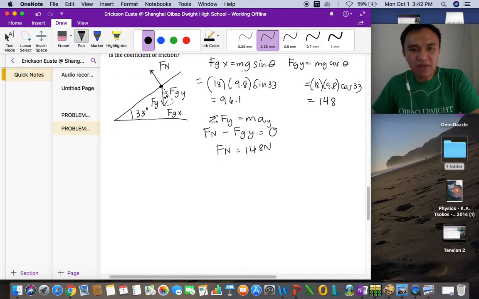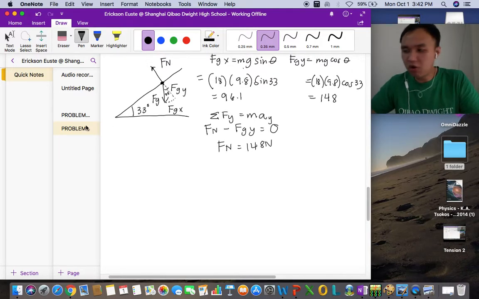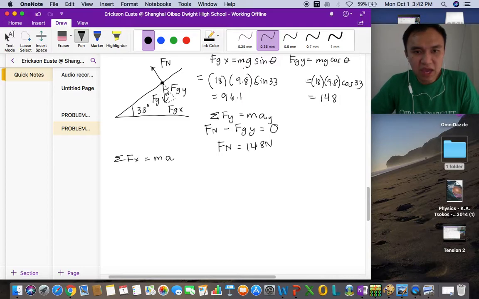And we now have the summation of forces along x, which is equal to MAX. For the forces along y, it's already complete, but we are lacking the friction.